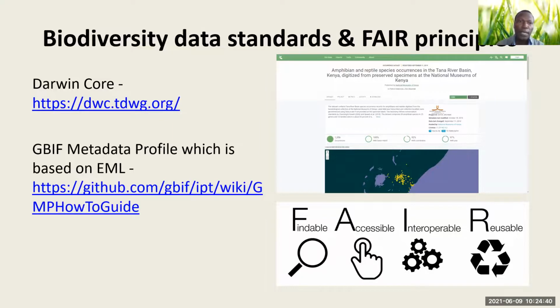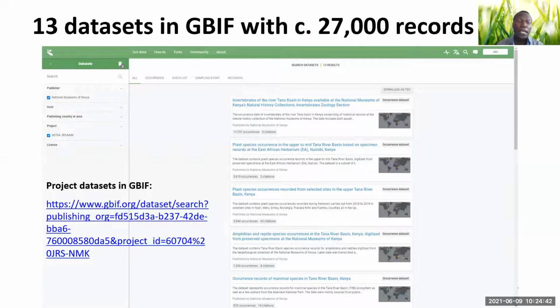To date, we have 13 datasets from the project which have been published to GBIF, because one of the important things we thought is that any data that can be hosted somewhere else, which is dedicated to that kind of data, for example occurrence data in GBIF, would be important because it's also security.